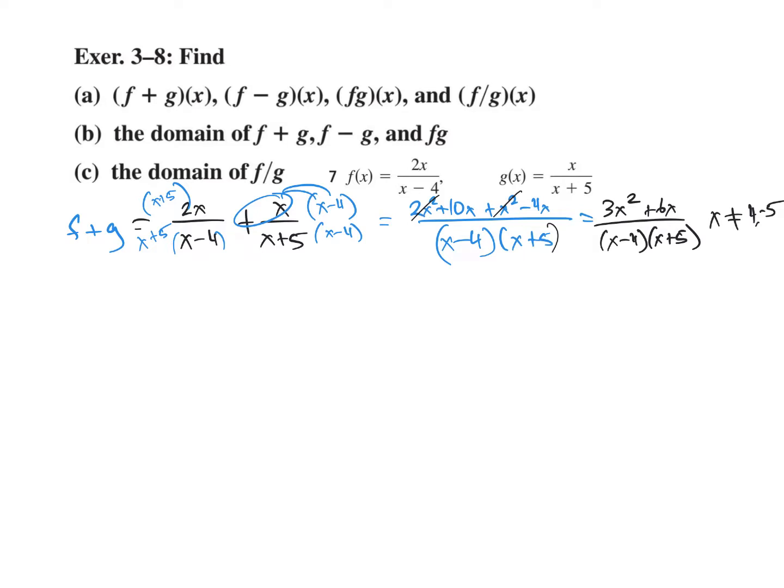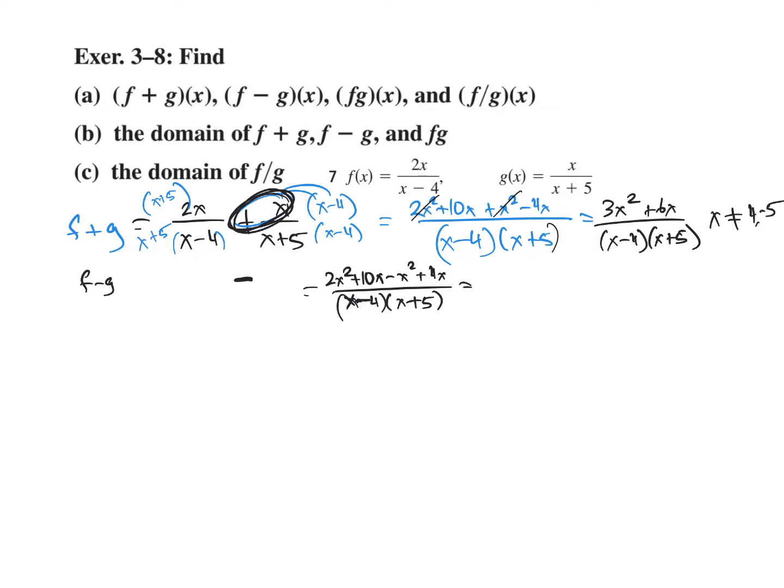Okay, now we do f minus g. So the same thing here. I'm just going to put a minus sign here, and we're going to rewrite this. The denominator is still x minus 4 and x plus 5, because to subtract these two, you still have to do the same thing we did in step 1, except you're going to distribute a negative x through that other part. So on the top, we have 2x squared plus 10x, but then you have a minus x squared, and a plus 4x.